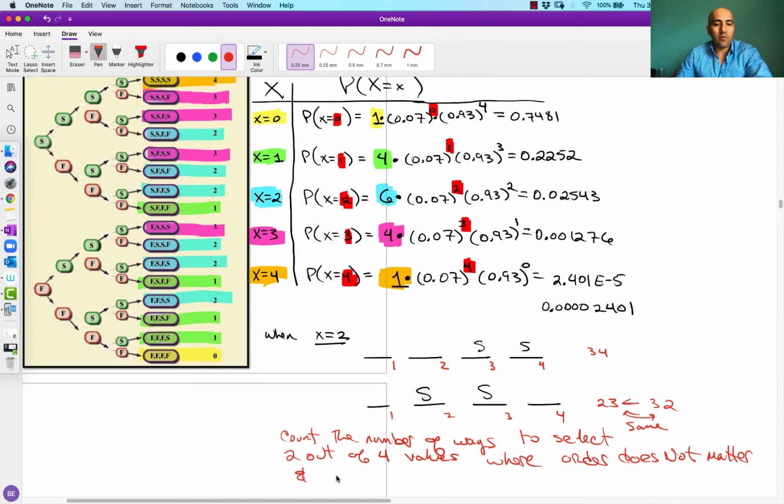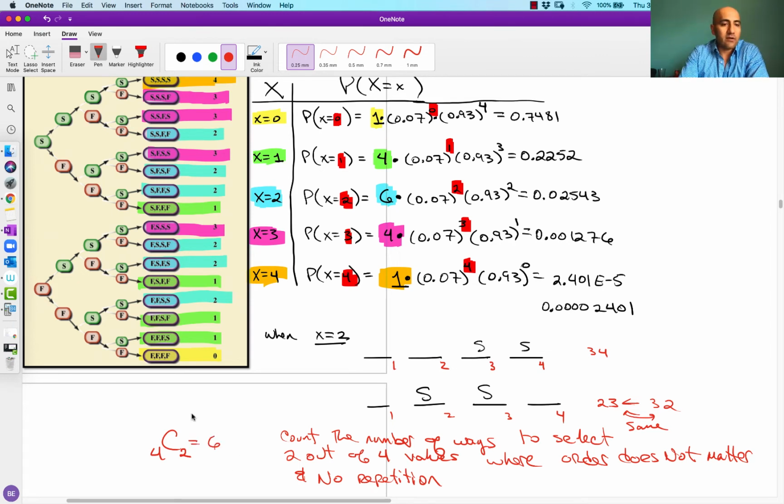You can't pick the same number more than once. So if you remember from chapter 5, this is exactly combinations. This is combinations of 4 choose 2 items. Good. So this will tell you this number. Combinations of 4 choose 2 is equal to 6.